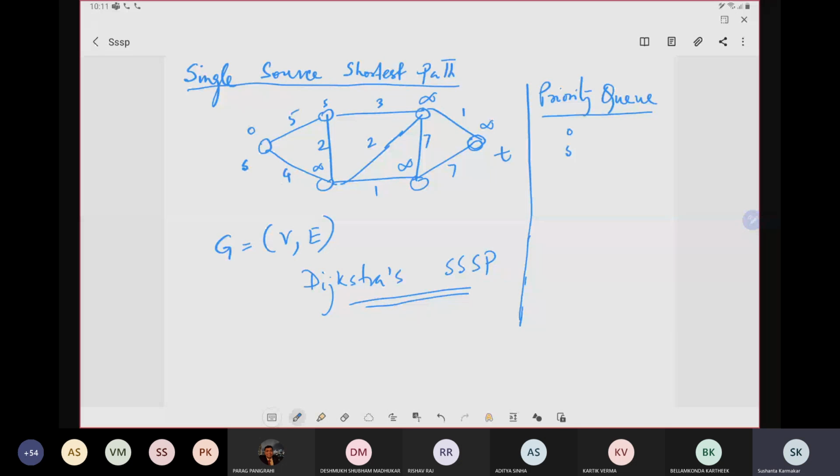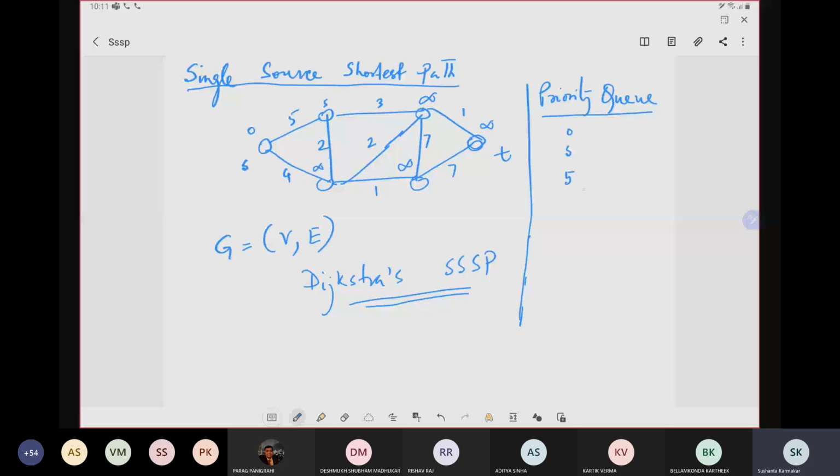Quite similarly, from this 0, I am reachable here. I put this node in. Let's say we need to give some names, but instead of giving names, I'm just putting the values. You actually need to put the name and the vertex in the priority queue.